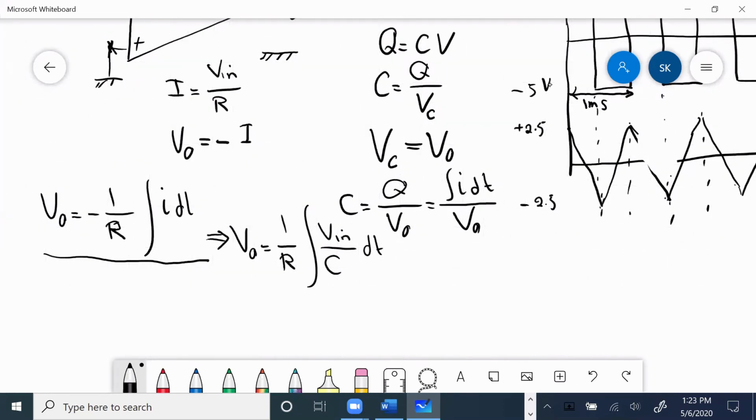And therefore, V out is minus 1 over RC integral of V in dt.